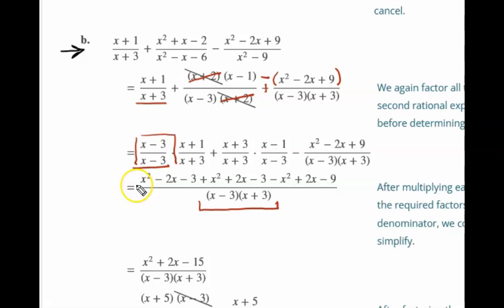And then when we expand that, we get this trinomial. And this term here, it's missing the x plus 3, which is this 1. So we FOIL this numerator, and we get this one here.